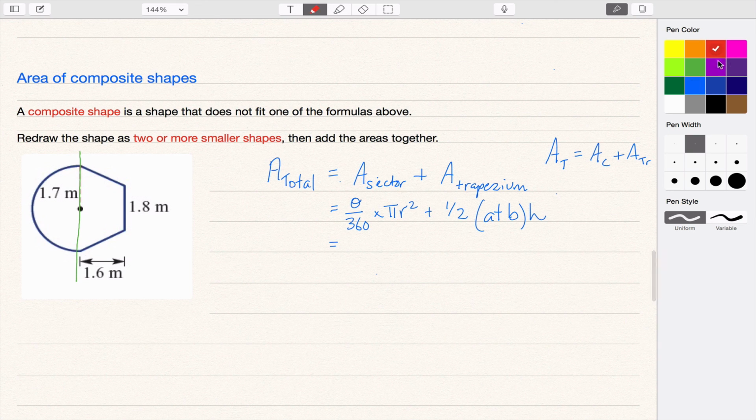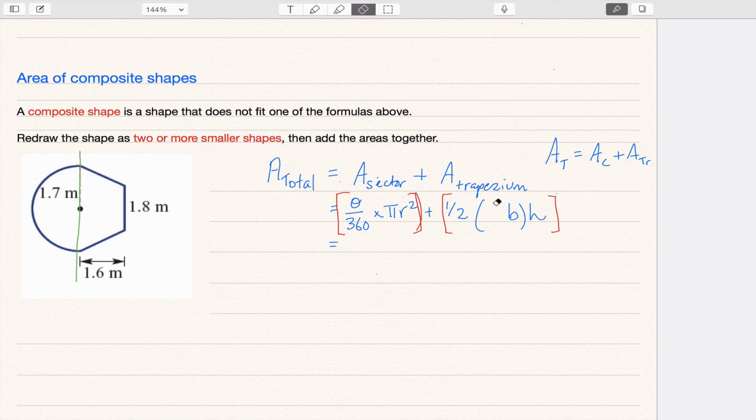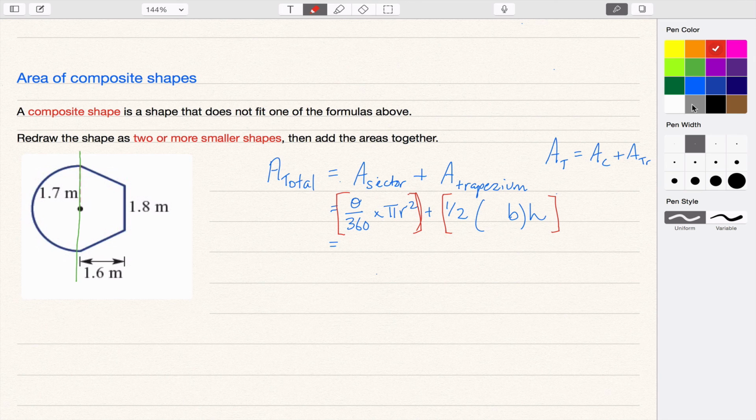Next step, if it helps you, you can put these in big brackets so you can see the 2 parts, or you could even draw them in different colours. Might just make this plus look a bit more like a plus.